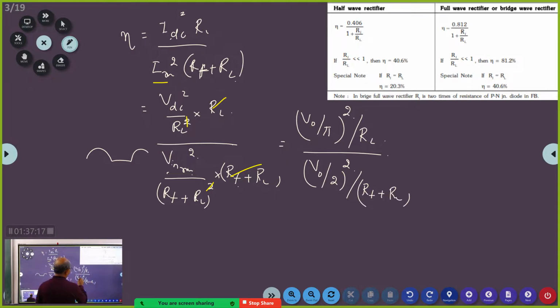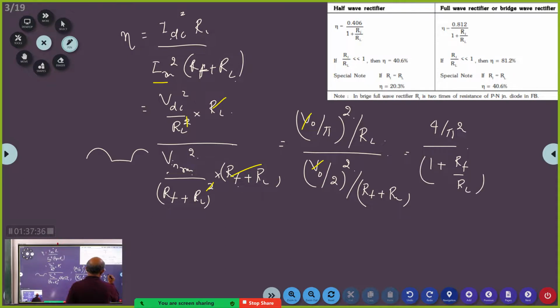Here V0 square will go, and the 2 square will go up, so 4 divided by pi square, divided by, if you pull RL down, 1 plus RF by RL. This 4 by pi square, what will you get?